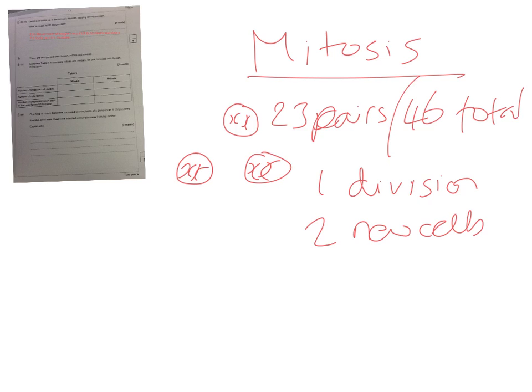Okay, so that was it for mitosis. If you need to make any notes on that on your paper now, you can pause it. We're going to rub it off in a second, and we are going to go through meiosis instead. So I'll get rid of this. Okay, so this time for meiosis.